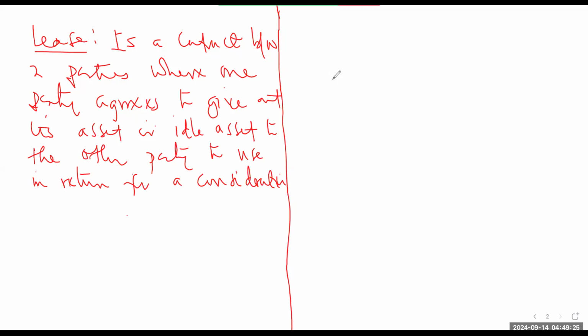So if you are talking about lease, what we are just trying to say is that the lease is a form of acquisition. Lease is also a form of acquiring an asset, but just that at the end of the period or at the end of the contract, you might be purchasing the asset or you might be returning the asset to the legitimate owner.